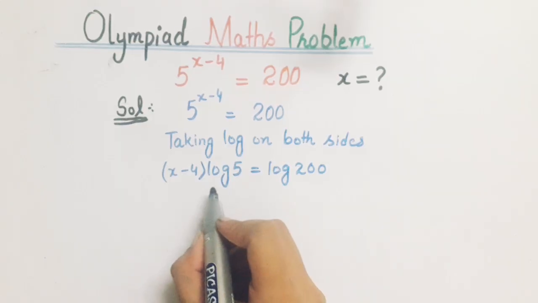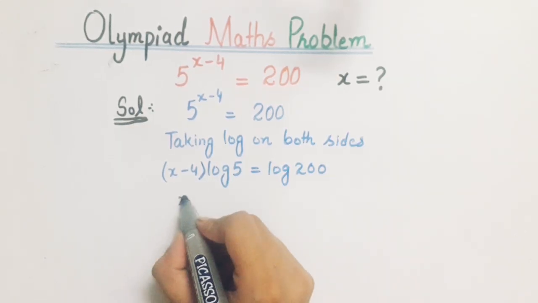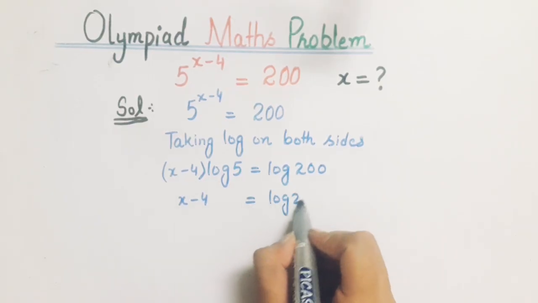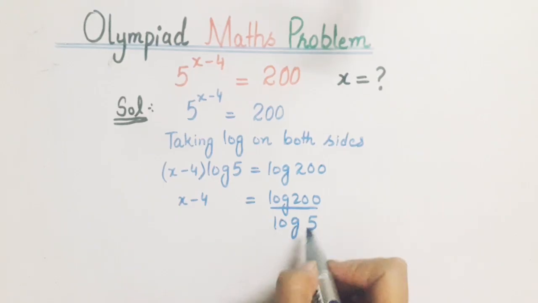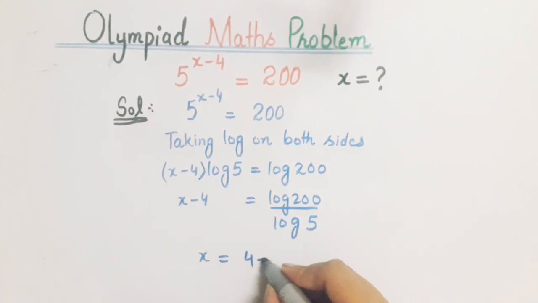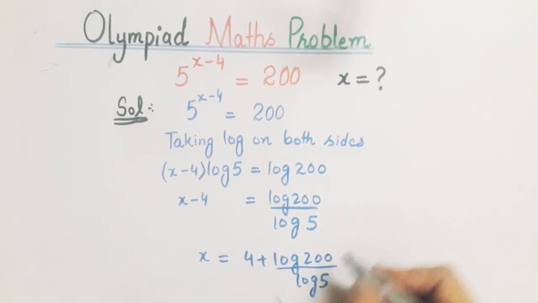Now here log 5 is multiplied, it will be divided here. We get x minus 4 equals log 200 divided by log 5. Now x equals, here minus 4 will be added, 4 plus log 200 divided by log 5.